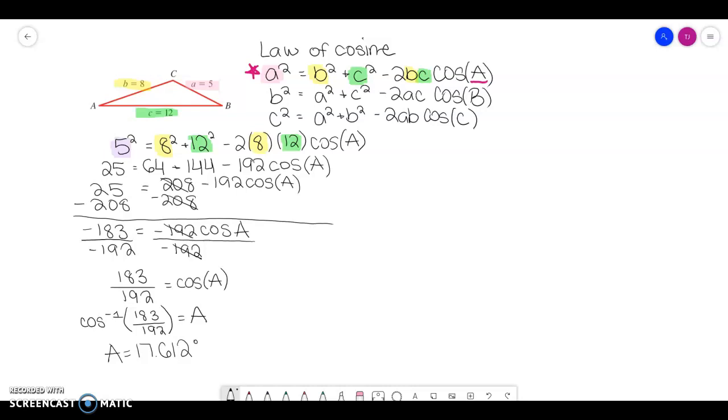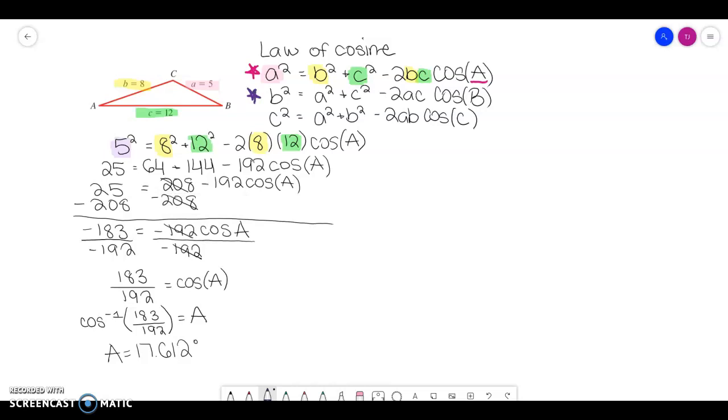We can go ahead and solve for our next angle as well. I'm going to use the law of cosines again, just so that we can keep practicing it. But this time I'm going to solve for angle B. So I'm going to be using this second equation right here.